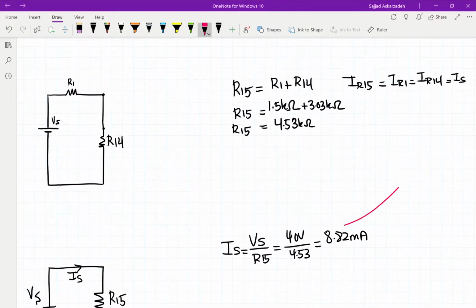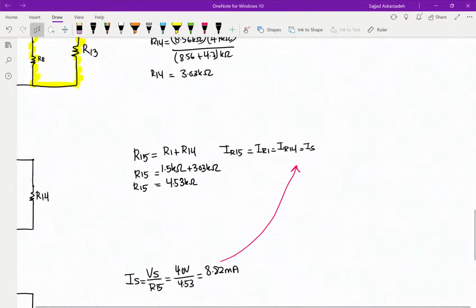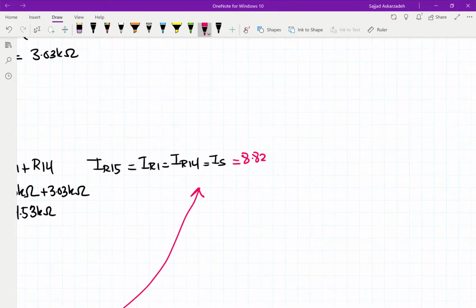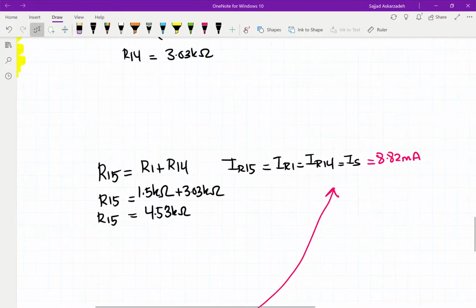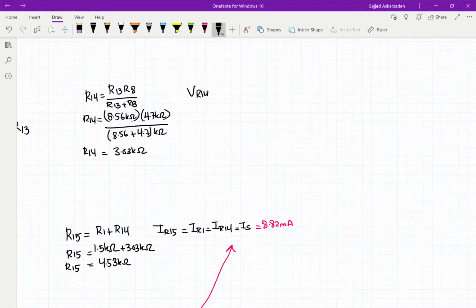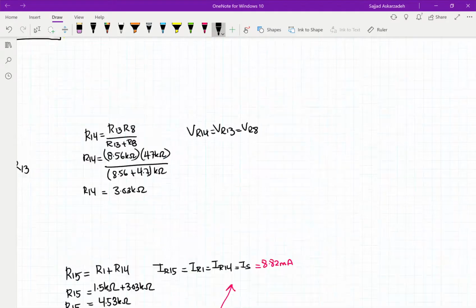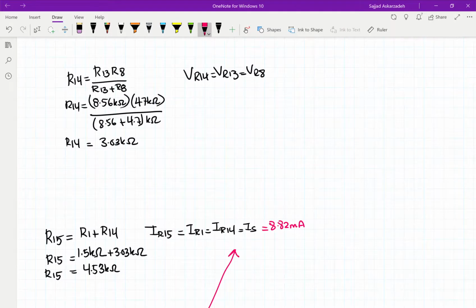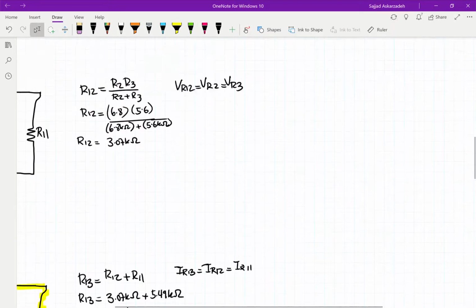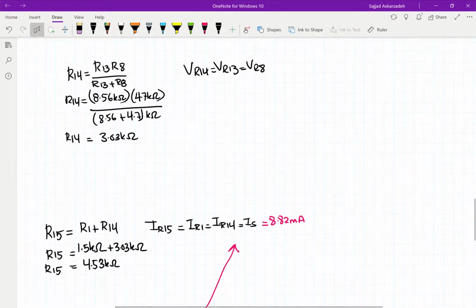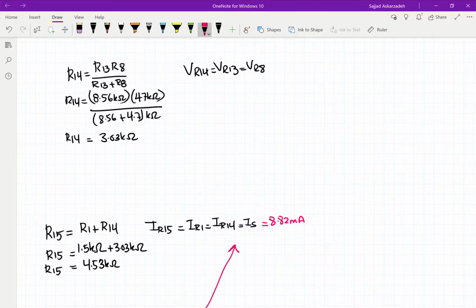Okay, so we're going to go back here and say that this is equal to 8.82 milliamps. Oh, I forgot to put this one. We should know that VR14, VR13, and VR8 are equal to each other. Now that we have this 8.82 milliamps, we can find the values for this voltage, this current, and so on. I'm going to show you how. We're trying to find out what VR14 is.